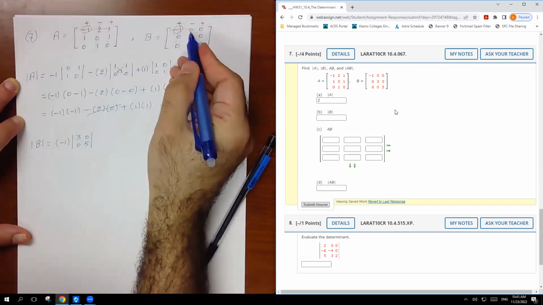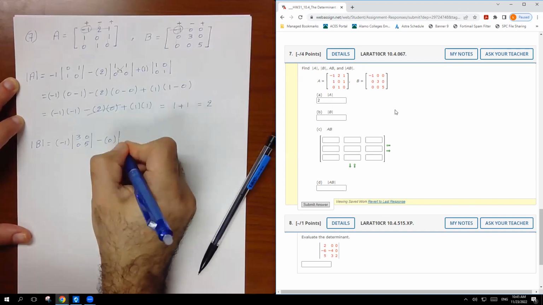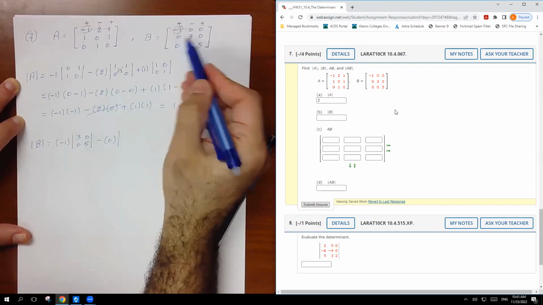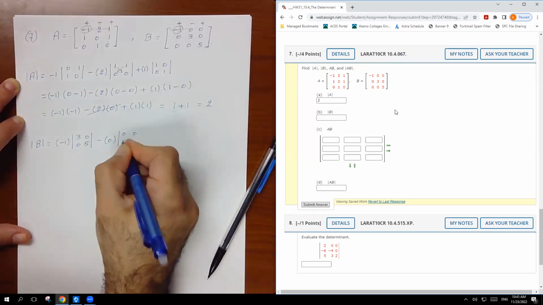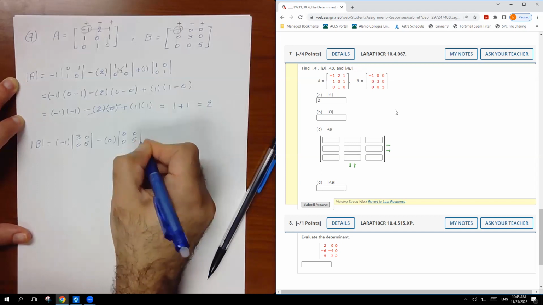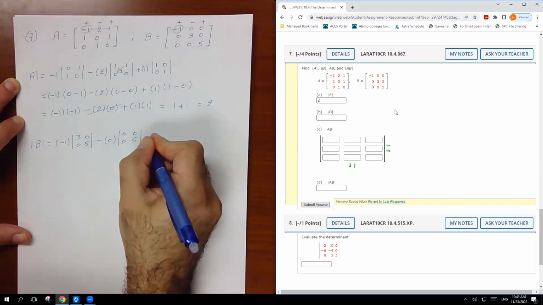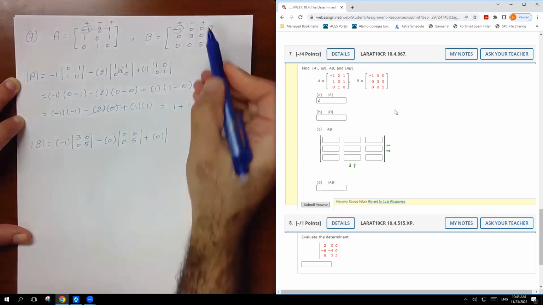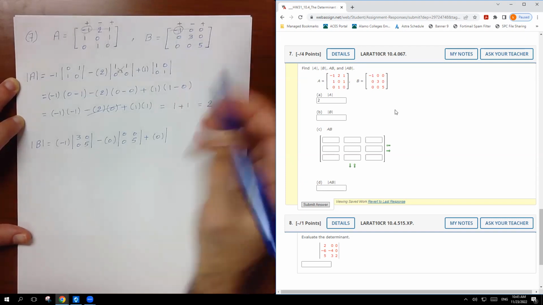Minus 0. The second number is 0. Determinant of, cancel this column and this row, so it will be 0, 0, 0, 5. Plus, again, we have 0 here. Cancel this column and this row, so we have 0, 3, 0, 0.